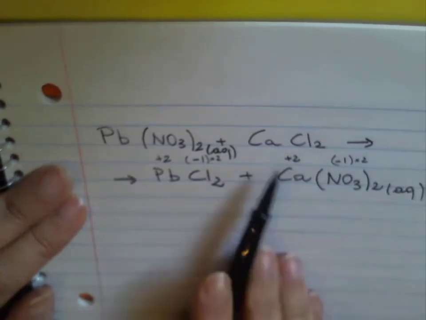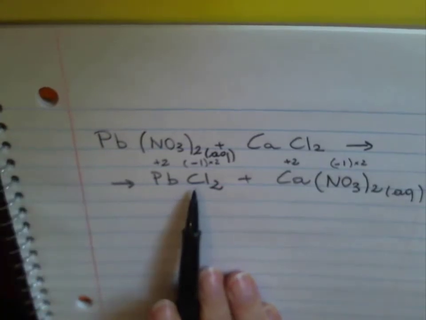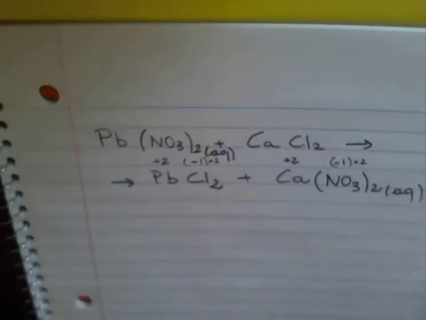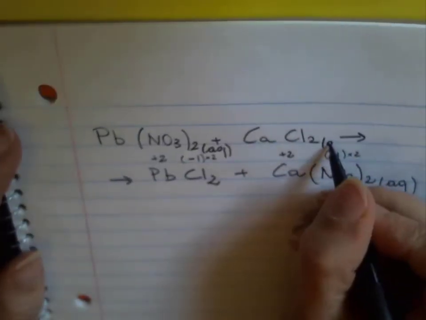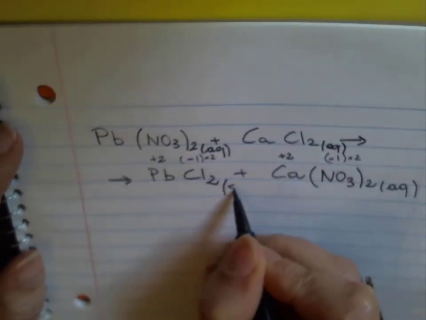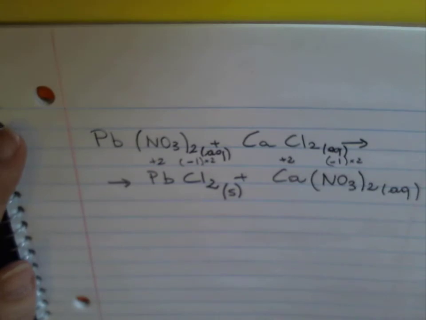For the calcium chloride and the lead chloride, according to our solubility table, we can see that if a chloride is present as an anion, the exceptions are silver, mercury, and lead, which means that calcium chloride is soluble and can be written as aq, but lead chloride is insoluble, hence we'll have the s for solid.